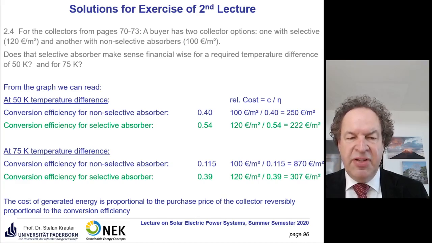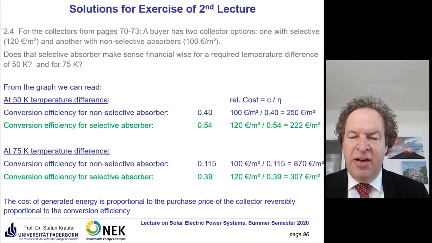At 75 Kelvin temperature difference, we then have 870 euro per square meter, while for the selective absorber we have only 307 euro per square meter.